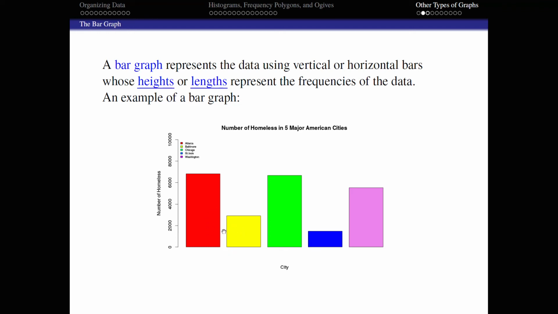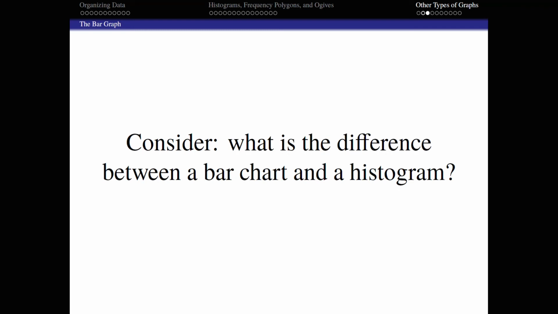Thus, the bar chart is going to be primarily differentiated from the histogram, because a bar chart is going to have spaces between the bars, whereas a histogram will have no spaces between the bars. Wink, wink, nudge, nudge. Sounds like a great test question.